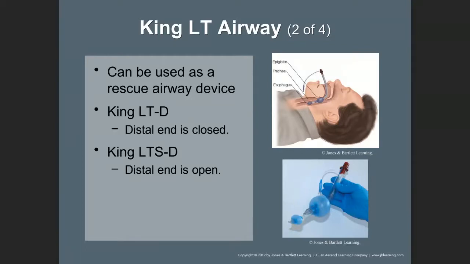Once you have confirmed proper placement via lung sounds, then you can secure your tube and note your depth. And eventually you will switch over to your colorimetric or capnography or capnometer, and definitive will be capnography.